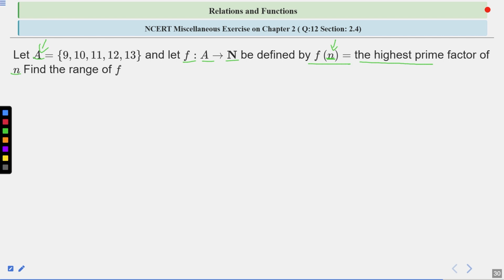So using this rule, you have to find the range of F. You will have some seconds to try this problem, then afterwards we will move on to the solution slide. So your time starts now.